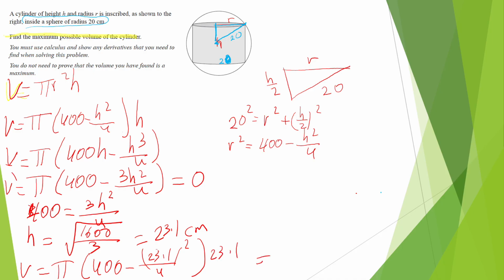Get it in the calculator, and the answer is 19,300 centimeters cubed. So that's the optimization question, and it's an excellence one, because you need to get the second equation to connect the two variables. That's why it's an excellence question.